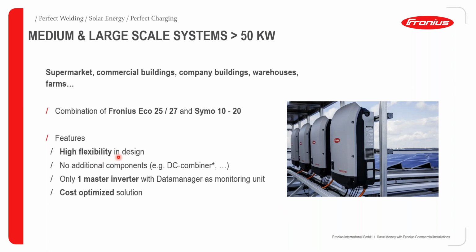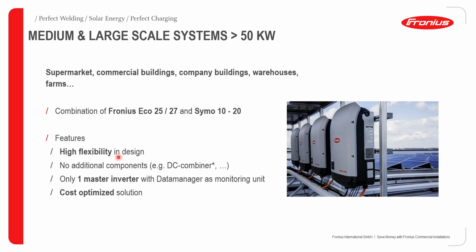And then just to give us a highlight on the high flexibility in design, in a case where we want to implement, say for this example we discussed, a 100 kilowatt peak system. If you noticed, we used 3 Eco 27. Total sum of capacity gives us 81 kilowatts, and then 1 Symo 6, which now gives us a total of 87 kilowatts.